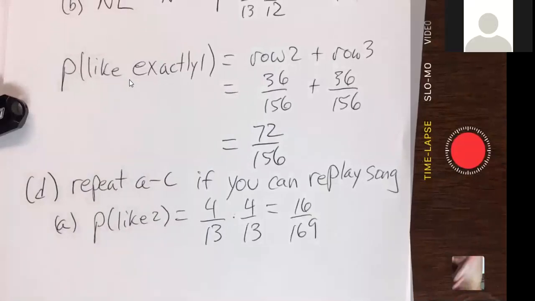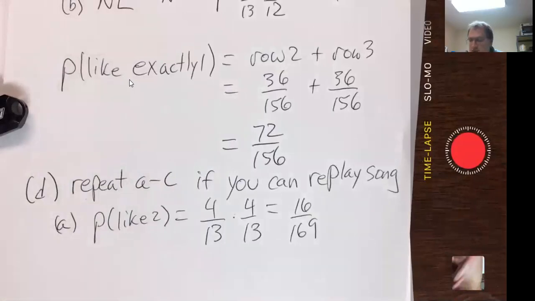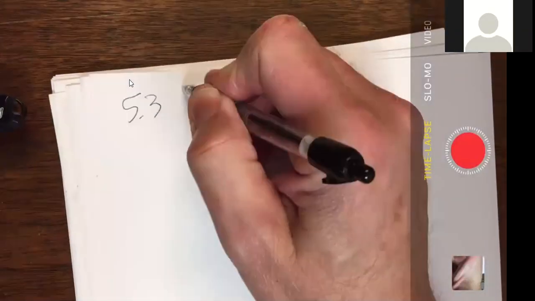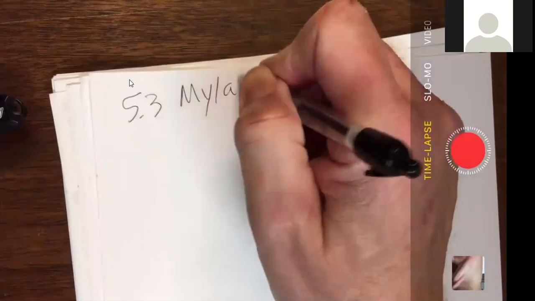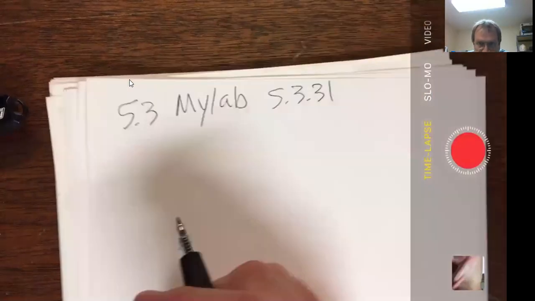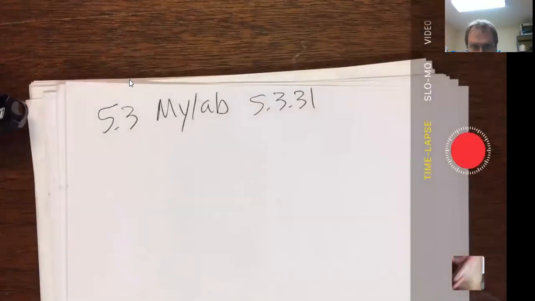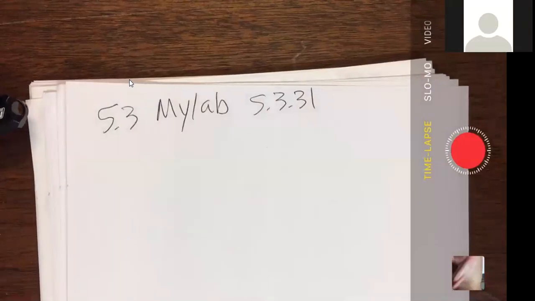On my MyLab statistics. Okay, from 5.3. What you got? The exercise is 5.3.31. Okay, can you feed it to me? Because I don't have it in front of me. Let me log in, it's going to take me a second.